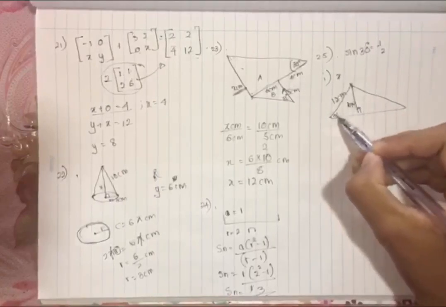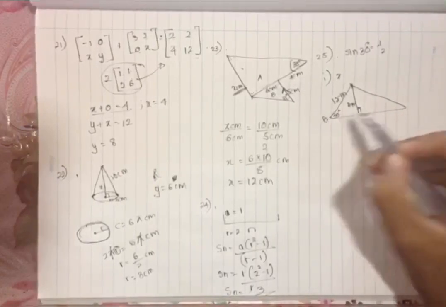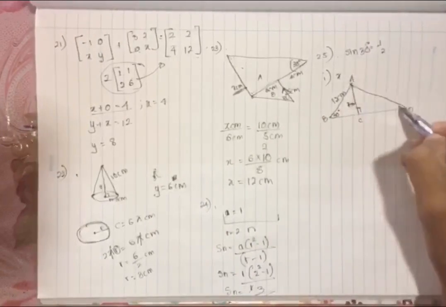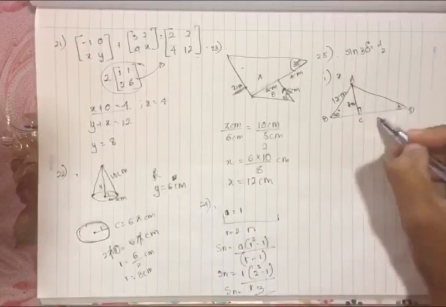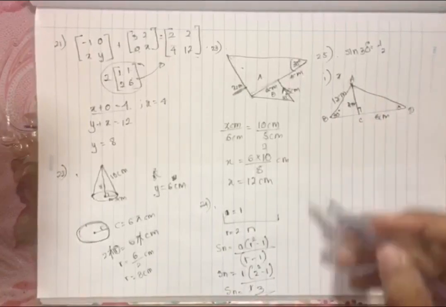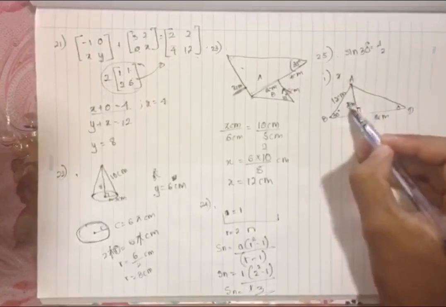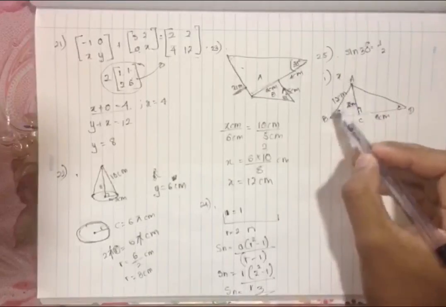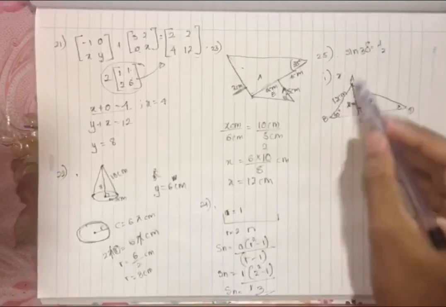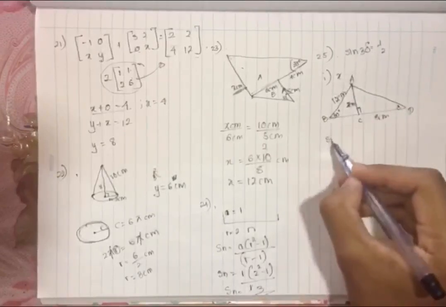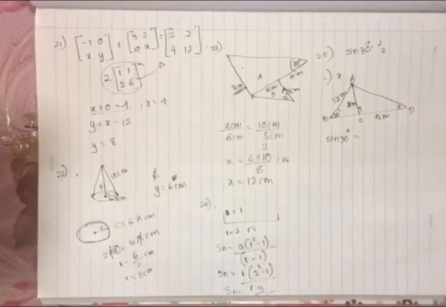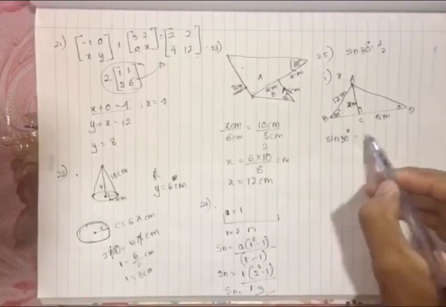Here you have 30. This is B, C. They have marked A here, D here. This is theta. And 8 centimeters. Now in order to find this x, let me take this triangle and apply sine 30 to it. So sine 30 is equal to, how do you describe sine theta?